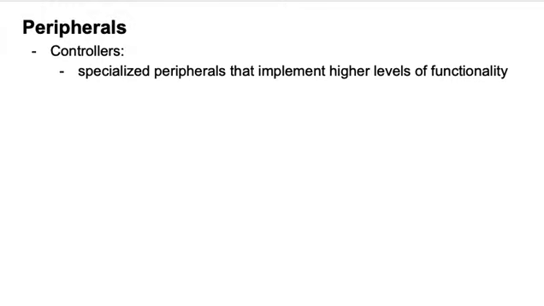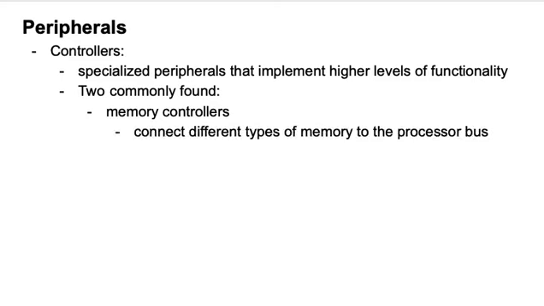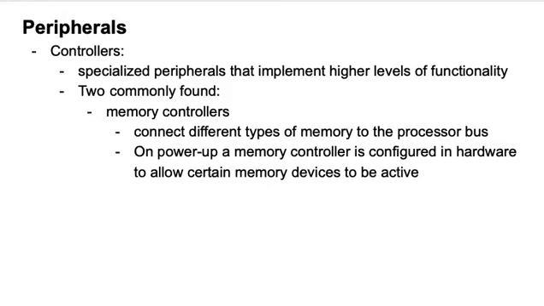Examples of peripherals are controllers, which implement some higher level functionality, and the two most commonly found controllers are memory controller and interrupt controller. Looking at the memory controller, it is used to connect different types of memory to the processor bus.